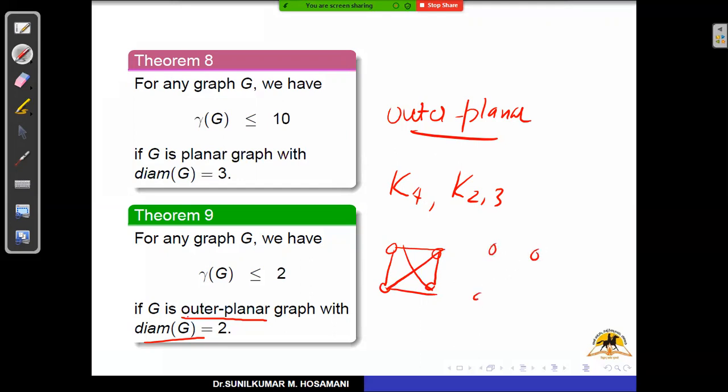K23 is this one. A graph that is free from K4 and K23 is called an outer planar graph. Okay, the graph is outer planar with diameter equal to 2. In that case, the domination number is less than or equal to 2 here. Okay, these are the bounds which I have considered.